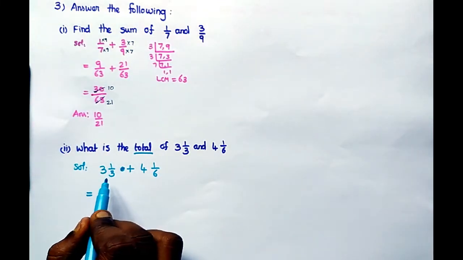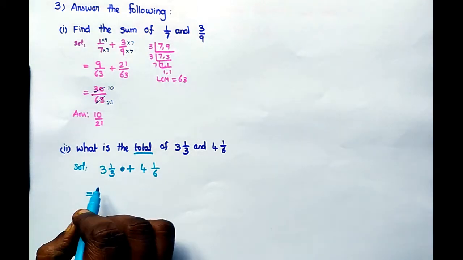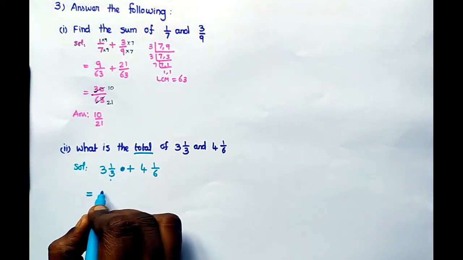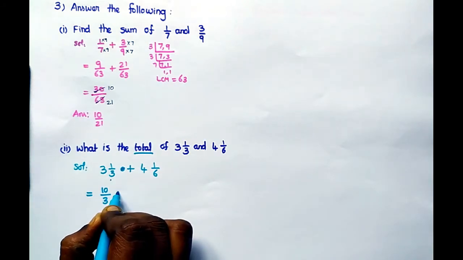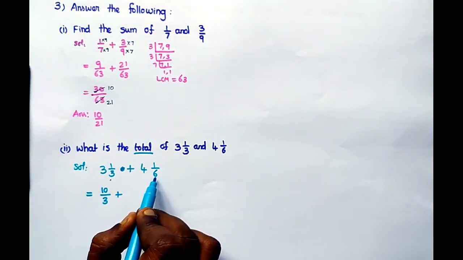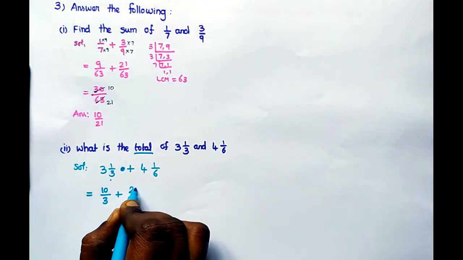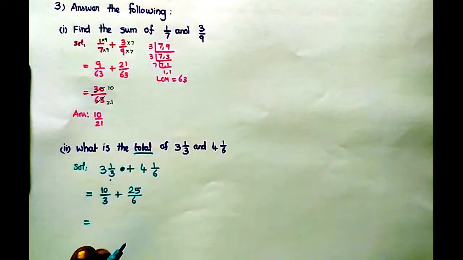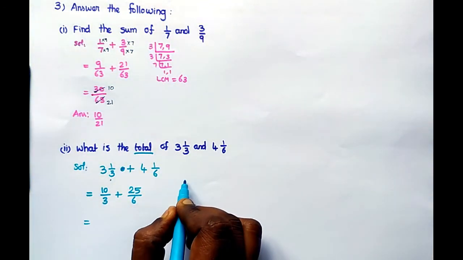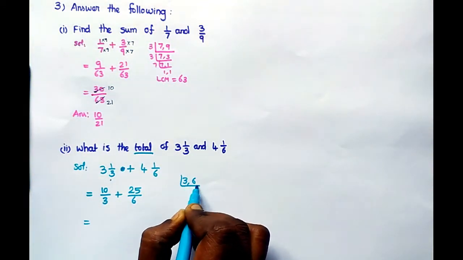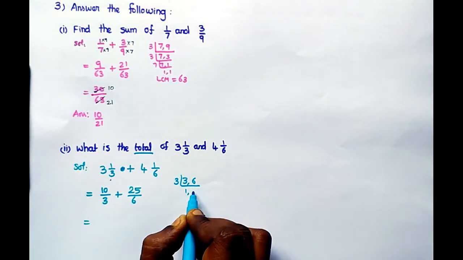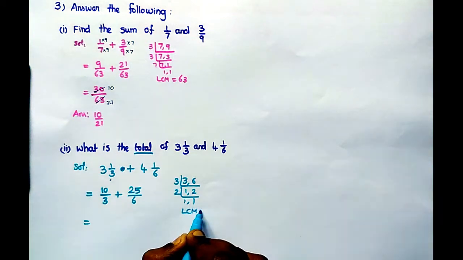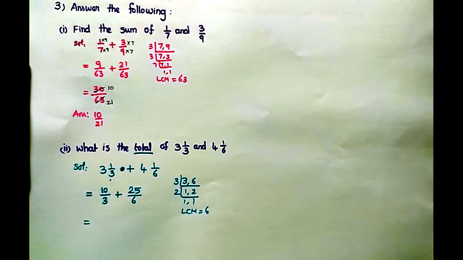Now these are mixed fractions, change into improper. 3 3s are 9 plus 1, 10 by 3 plus 4 6s are 24 plus 1, 25 by 6. Now take LCM for 3 and 6. 3 1s are 3, 3 2s are 6. So LCM equal to 6.